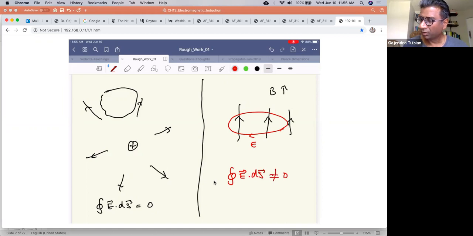So essentially what we're saying is that for the electric field produced by these charges, the line integral around any loop is always 0. So this is called a conservative electric field. In this case, the line integral is non-zero, and this is called a non-conservative electric field. So the electric fields have different natures. That's what we're saying here.